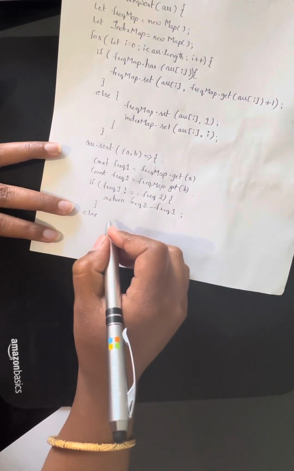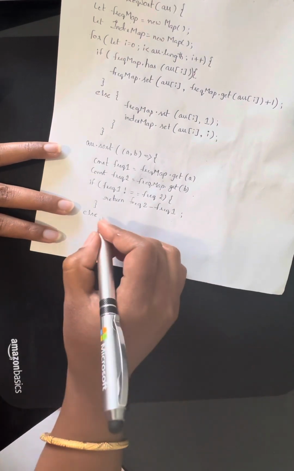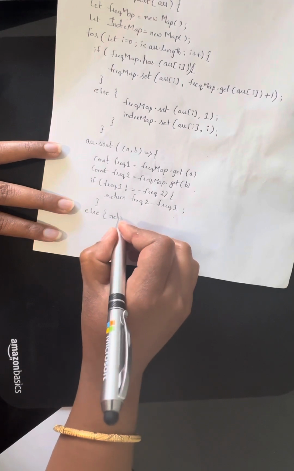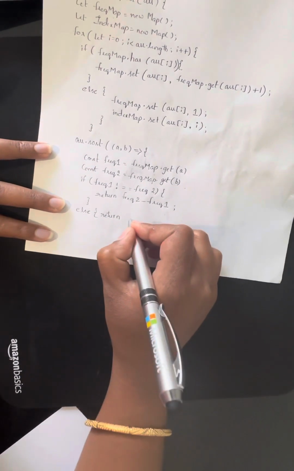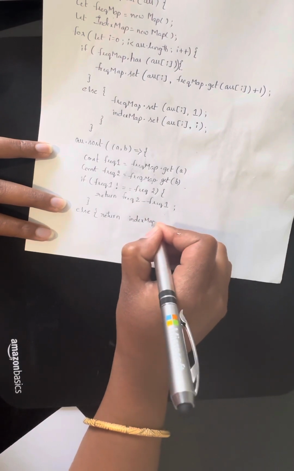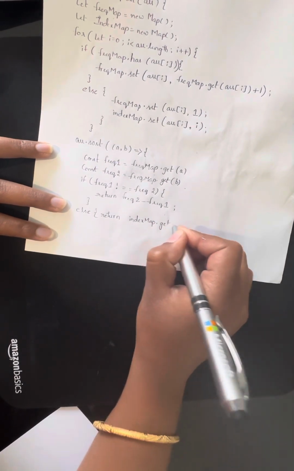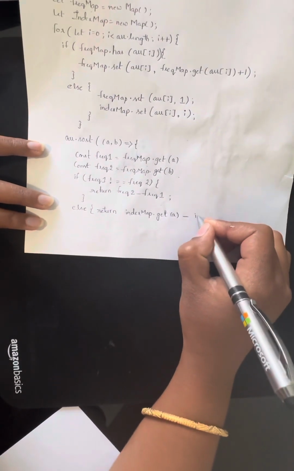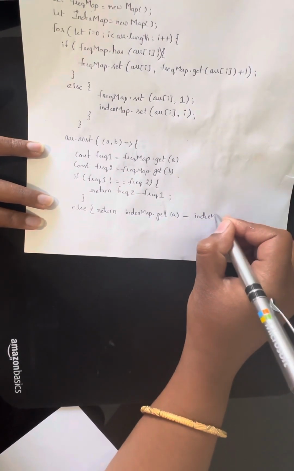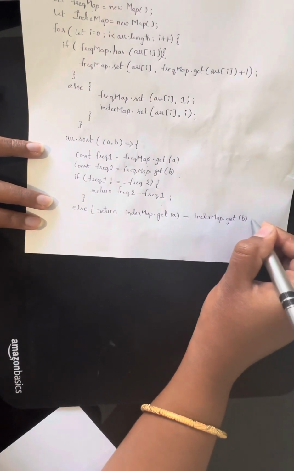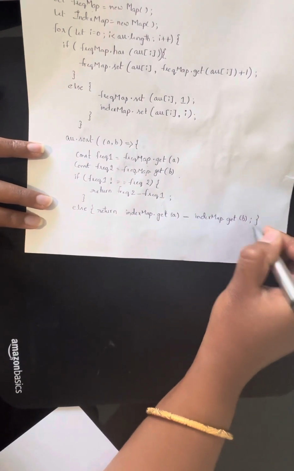So if both the elements have the same frequency, then we need to return index map dot get a minus index map dot get b.